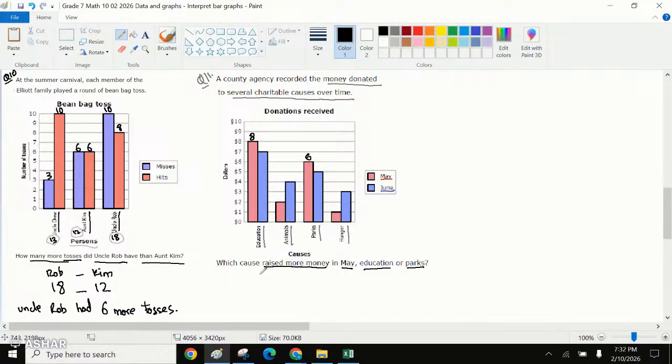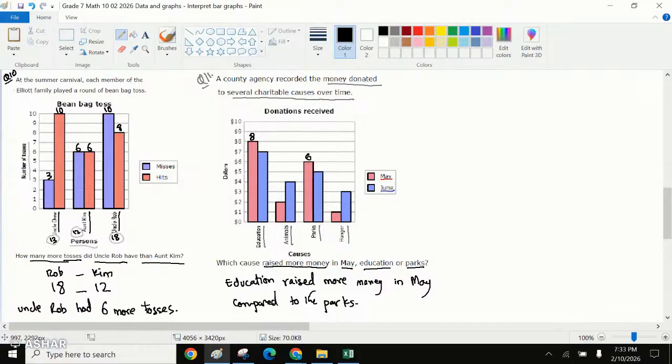So can we say education raised more money in May, just a particular month, compared to the parks?